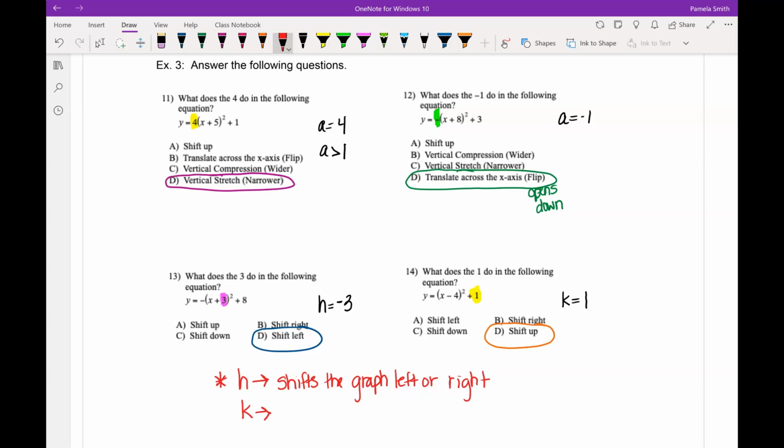K shifts the graph up or down. So we have to know the effect that those letters have on the graph. What will happen to the graph based on those numbers?